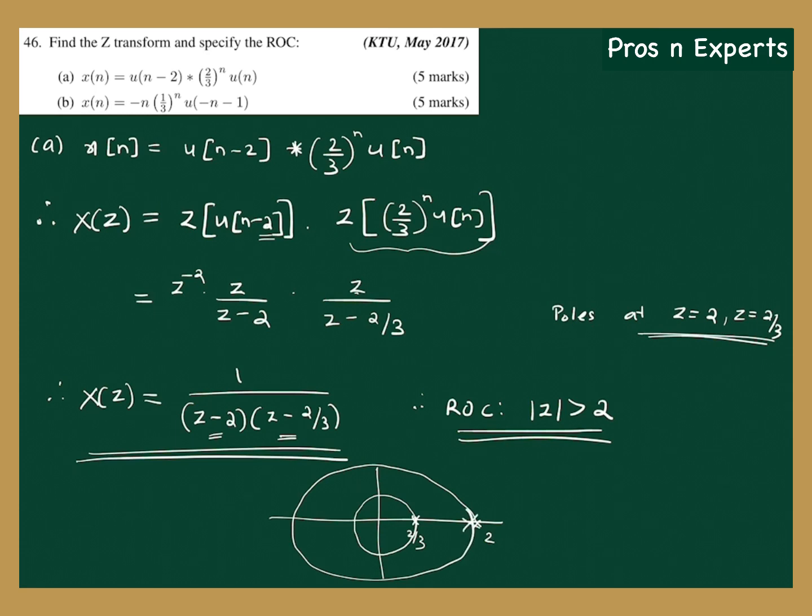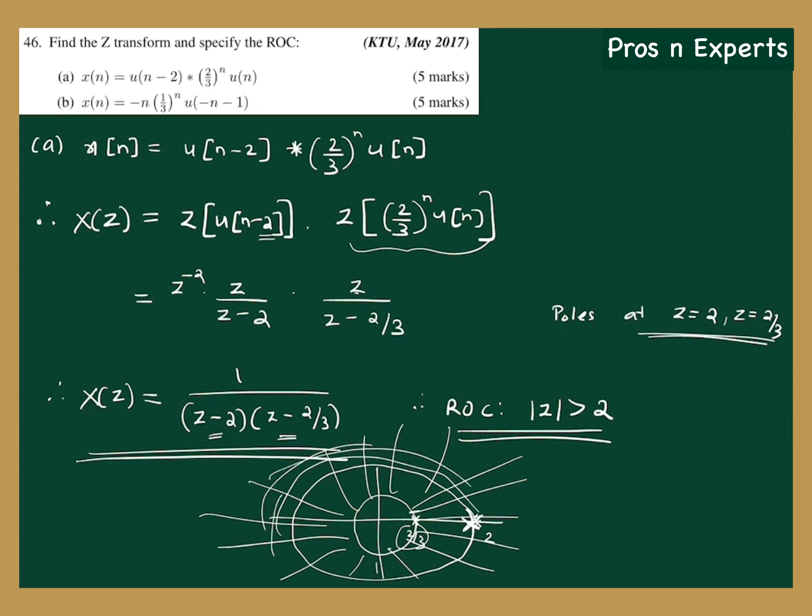Both the signals are right-sided, so corresponding to the pole at 2 by 3 the ROC will be outside, and corresponding to the pole at 2 again the ROC will be outside. So what is the intersection? The intersection is still this final one, mod z greater than 2. This portion is the intersection. So this is the answer to the first part.